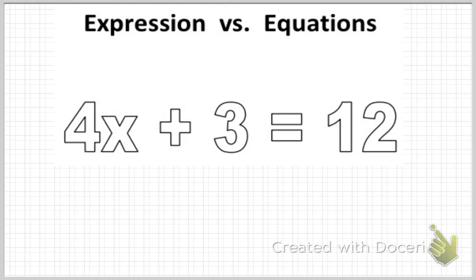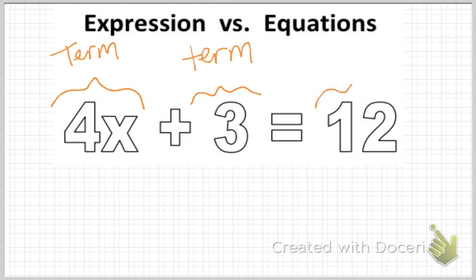I'm going to go over some of the vocabulary words that we reviewed. When I say term, I could be talking about this here. All of this together is a term. This positive 3 is a term. This 12 over here is a term. So all of these components are terms.